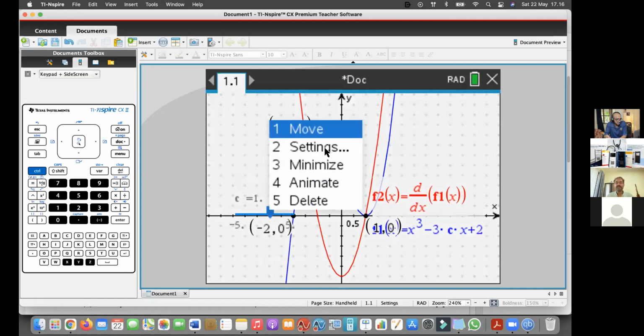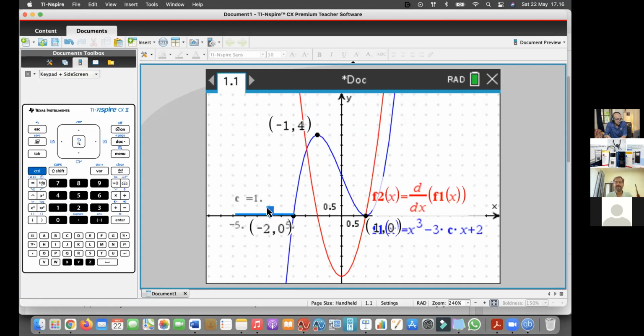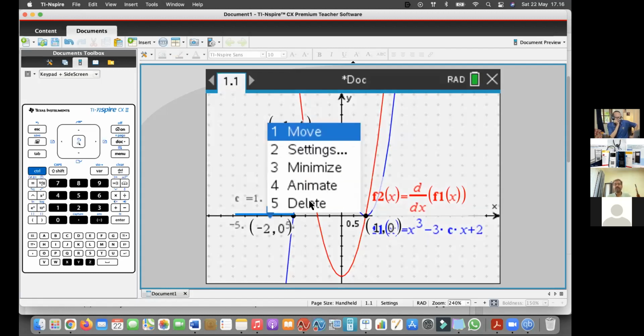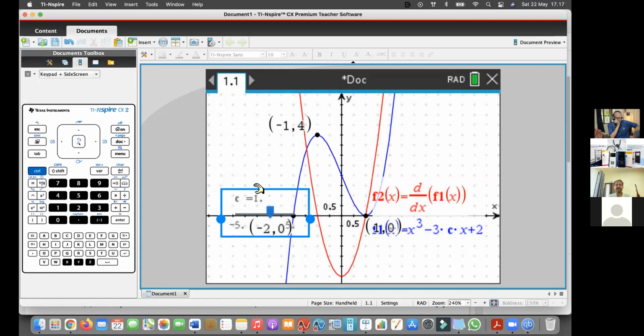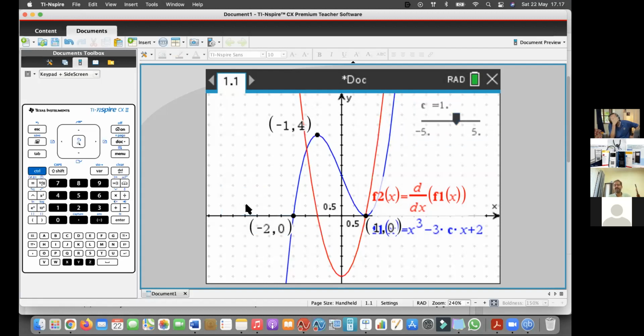Another thing in the setting is that you can animate it. You can animate, you can minimize. If you're not happy, you don't want to see it on your screen, minimize, move, and so on. If you want to move it somewhere else, you can move it to this corner. If you're using this part of your screen, move it to that corner.